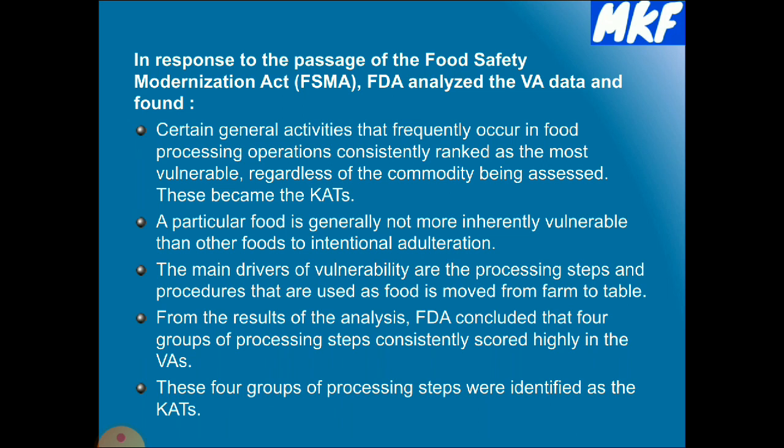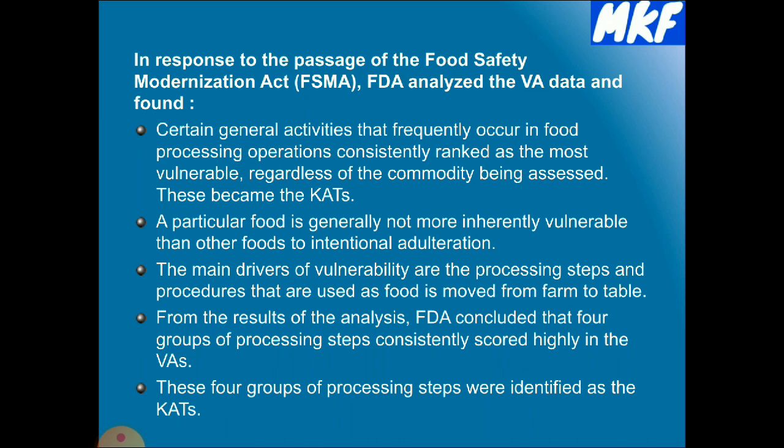A particular food is generally not more inherently vulnerable than other foods to intentional adulteration. The main drivers of vulnerability are the processing steps and procedures that are used as food is moved from farm to table. From the results of the analysis, FDA found that 4 groups of processing steps consistently scored highly in the vulnerability assessments.